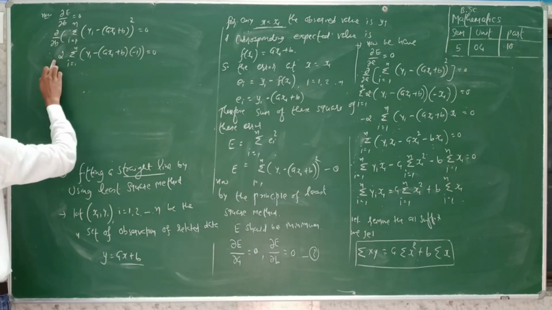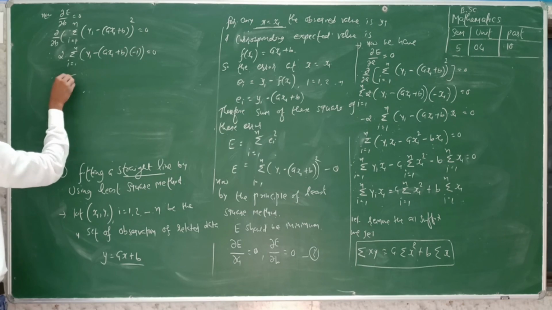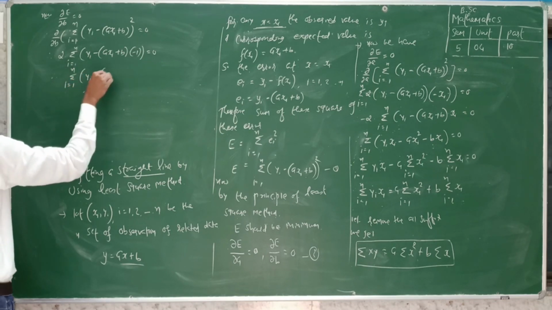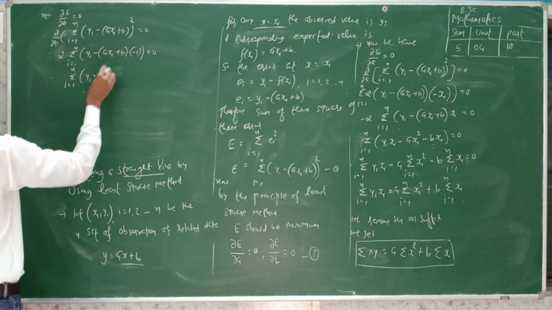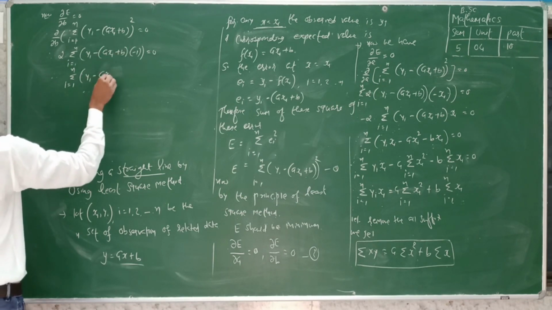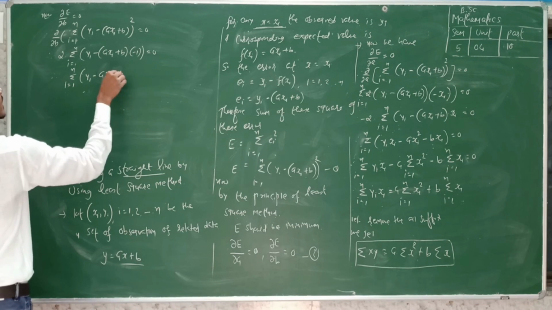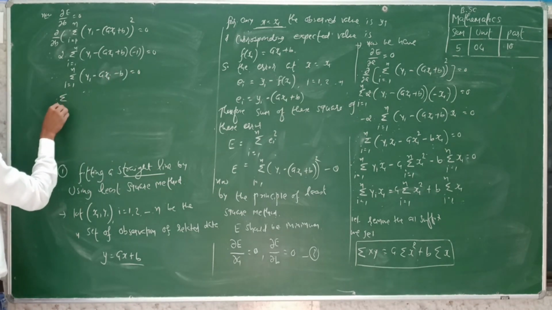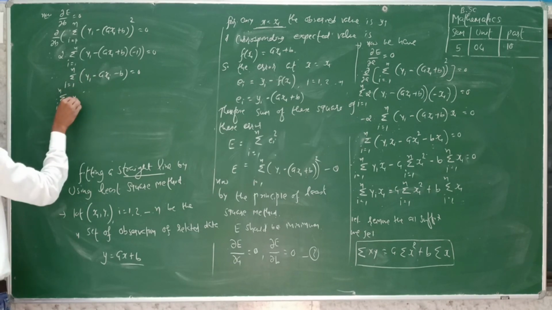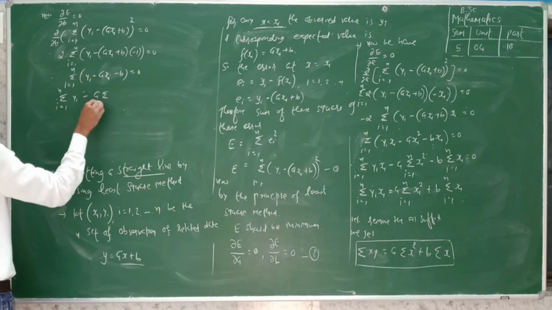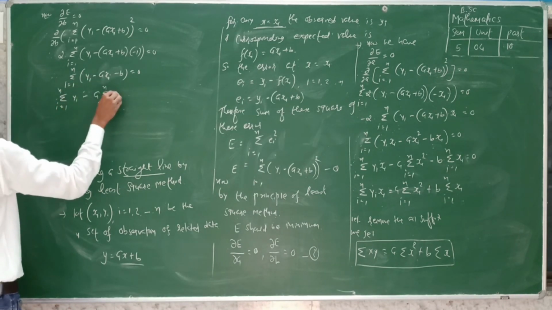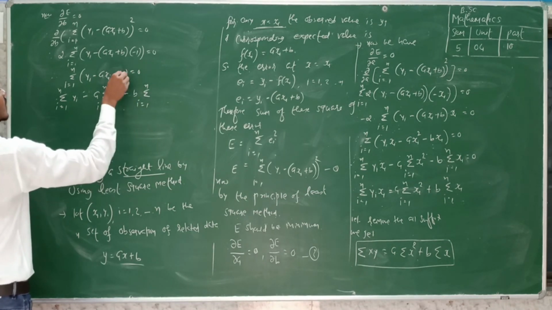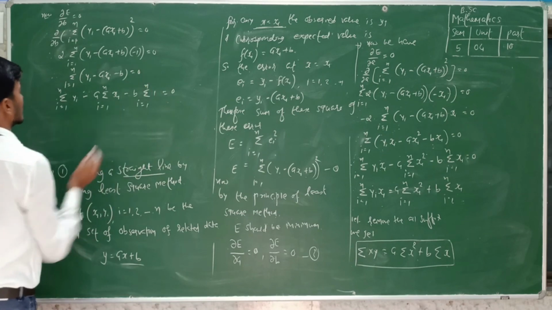So take the minus in front, and minus 2 goes to the other side, giving 0. Sigma i equal to 1 to n of yi minus a xi minus b is equal to 0, after removing the parenthesis. Apply sigma to each term: sigma yi minus a sigma xi minus sigma b, common 1, is equal to 0.